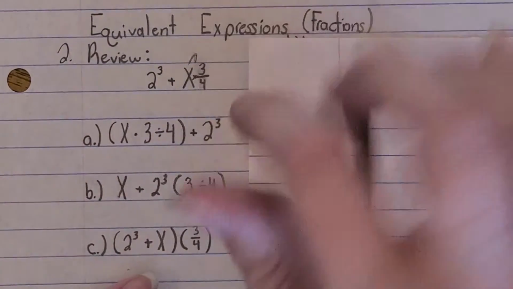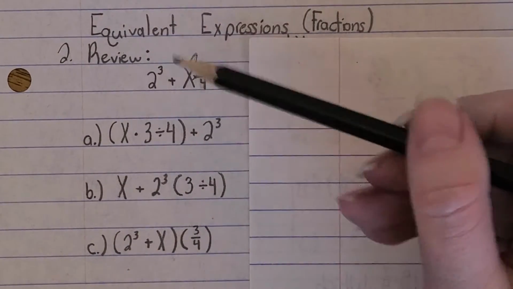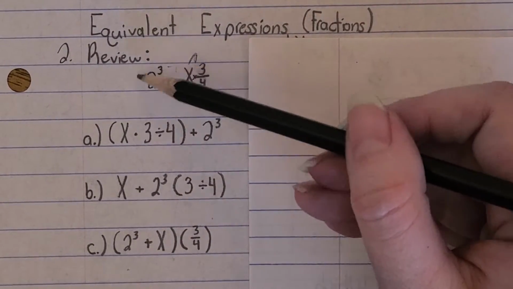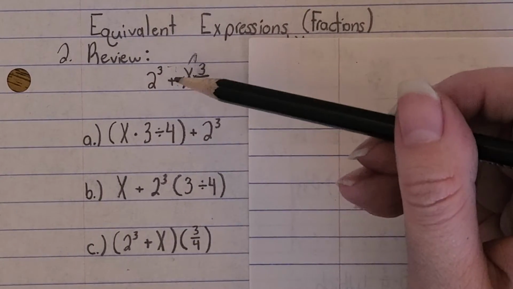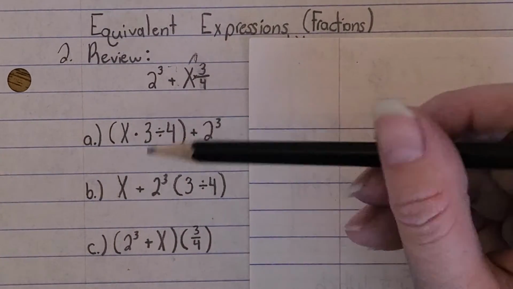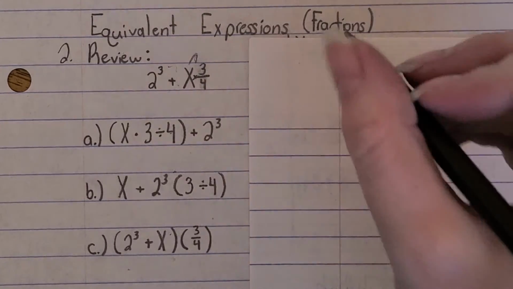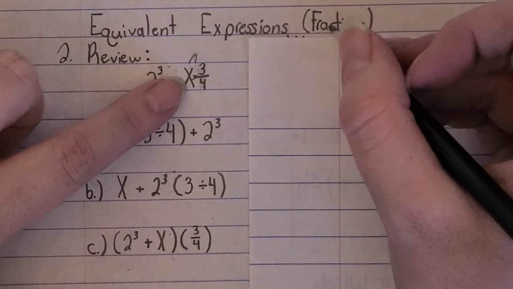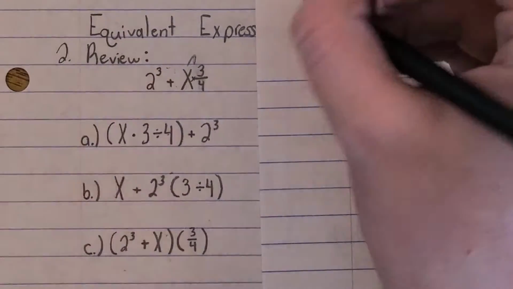To find if something is equivalent, you can use properties. You can say, I know we can add something in any order if that's applicable. You can change groups depending on what the properties are. So you can try to determine, but the most surefire way is to substitute a number in for x, assign it a value.